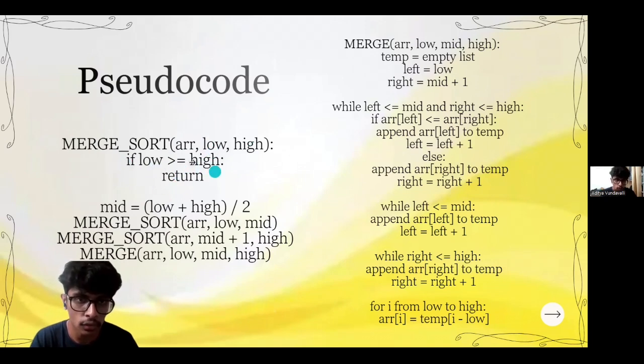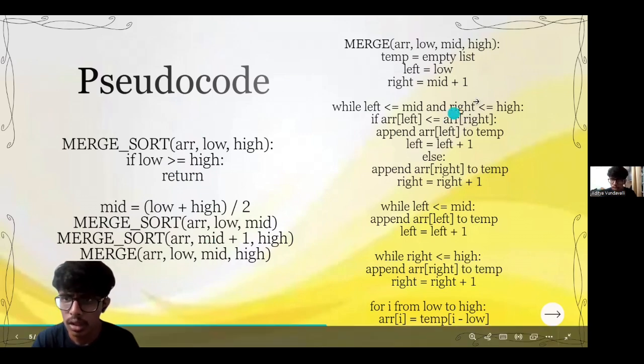This is called the base case of the function, and we have to return as soon as we get this case. Then mid is equal to (low + high) / 2. We are finding the midpoint of the array. Then we divide the array from low to mid and from mid + 1 to high, so we get two arrays. And then we merge both the arrays using the merge function.